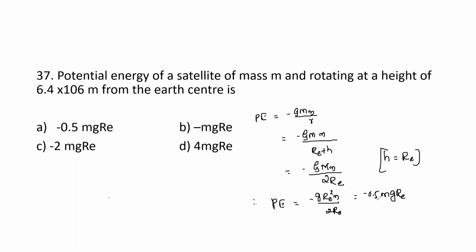Therefore, we will get minus 0.5 m into g into Re. What I did here is I have substituted the value of GM is equal to g Re square. That is, potential energy is equal to minus 0.5 m g Re. The correct option is option A. Option A is the right option here.